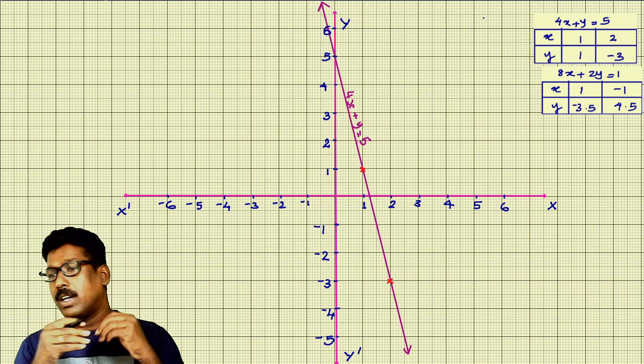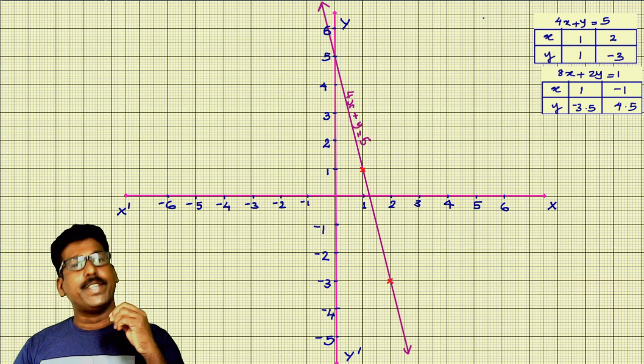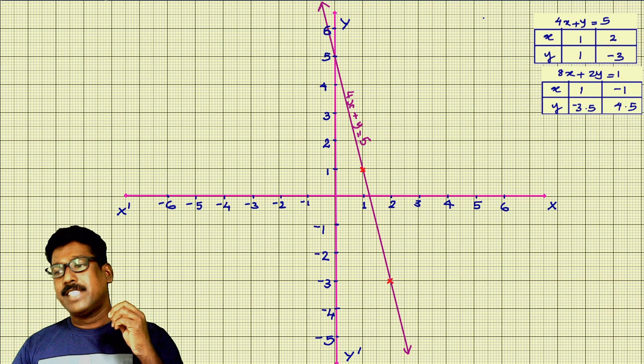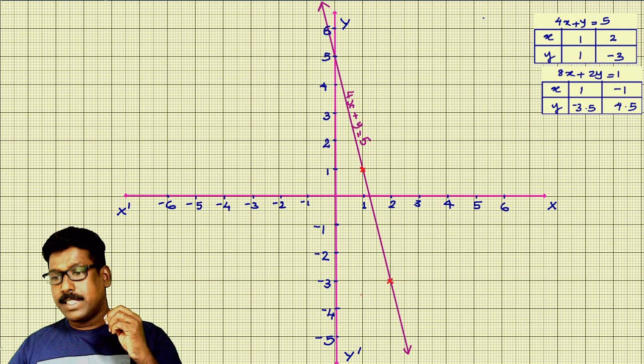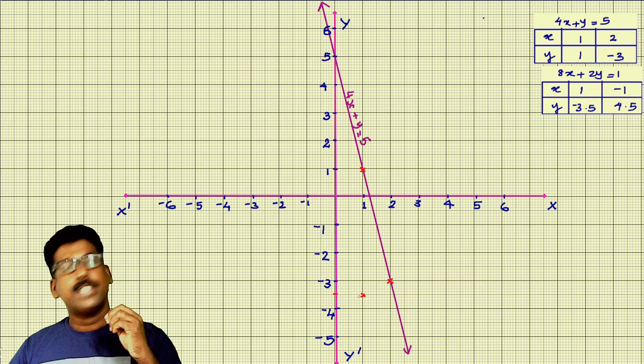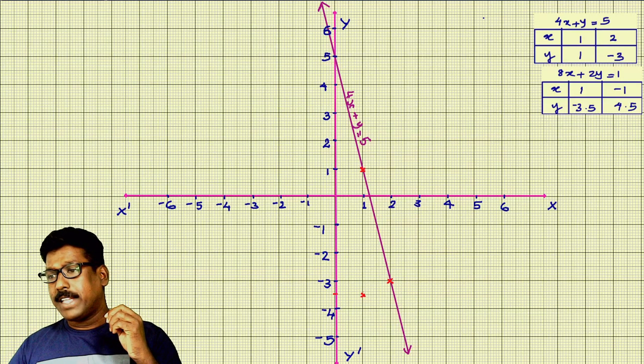Now let us draw the graph of 8x plus 2y is equal to 1. When x is equal to 1, y is equal to negative 3.5. Here x is equal to 1, y is equal to negative 3.5 means in between negative 3 and negative 5, the middle one. This is the point. Now x is equal to negative 1, y is equal to 4.5.